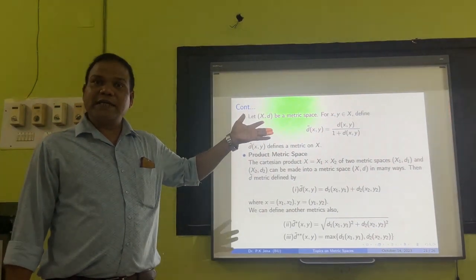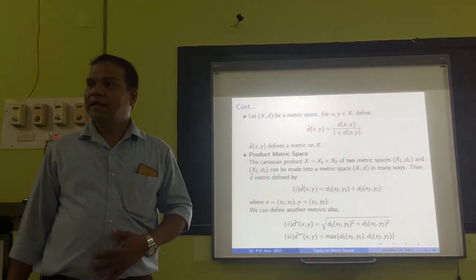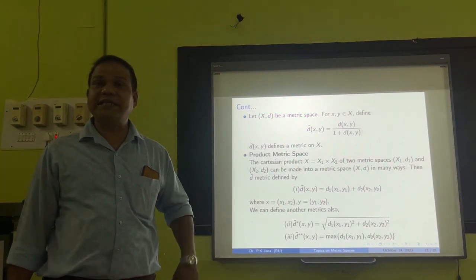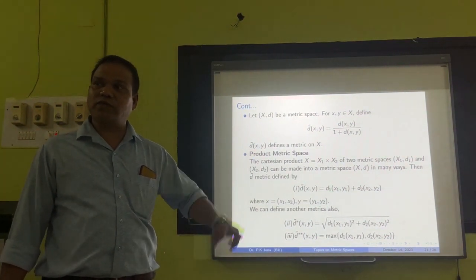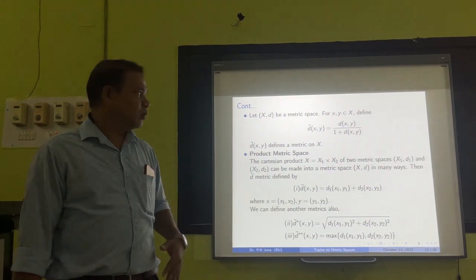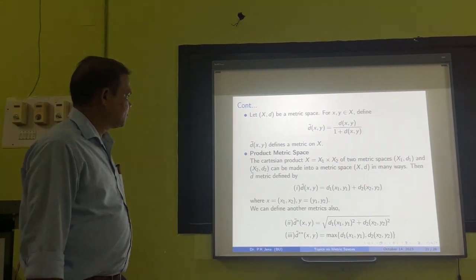Already we have discussed examples like R cross R. Here we are considering the generalization, not just R cross R. We are taking X equal to X1 cross X2, where X1 and X2 are any 2 non-empty sets.